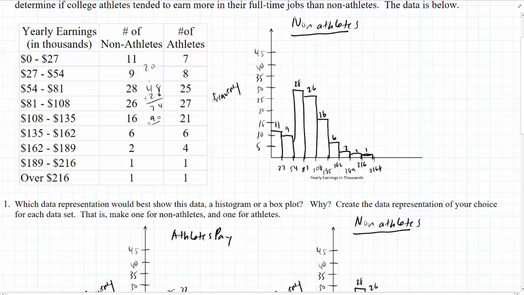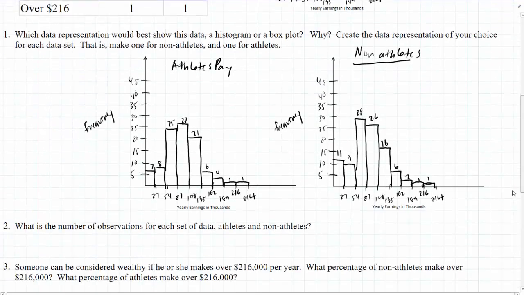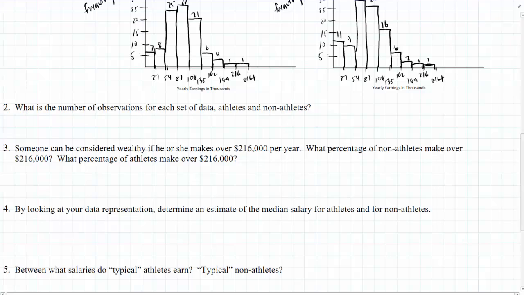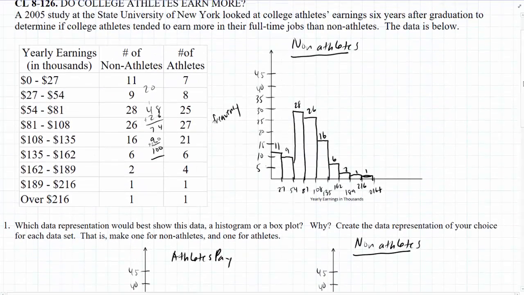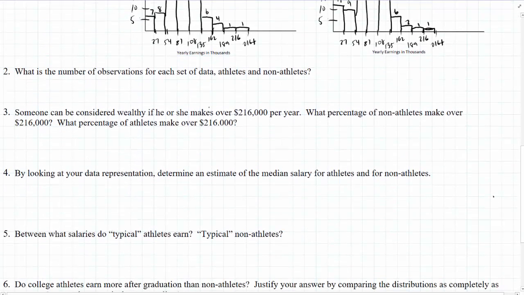So this is actually going to be 100 people, 100 observations. I know because I added the other side also earlier, and both sides will have 100. So there are 100 observations for each set of data.